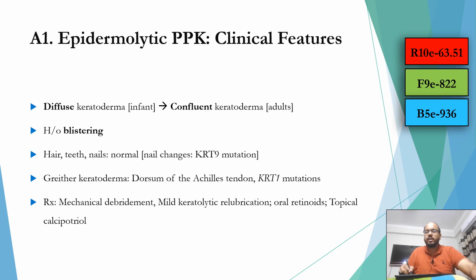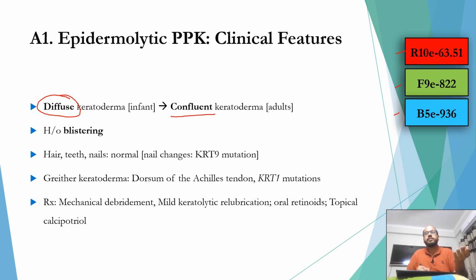So the clinical pictures are on these pages of Rook's 10th edition, Fitzpatrick 9th and Bolognia 5th edition, and I'll be discussing clinical features of epidermolytic PPK. We know that it is the most common diffuse keratoderma, and after that it becomes more confluent. That means it first involves the palmar surface, and then the entire hand might be involved as the patient goes to adulthood.